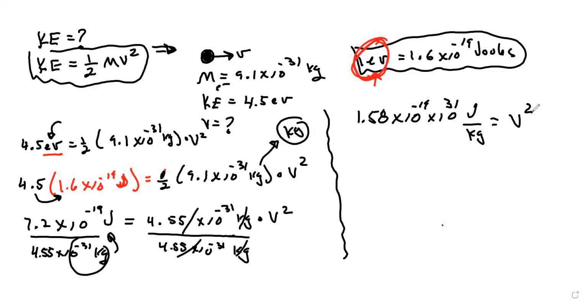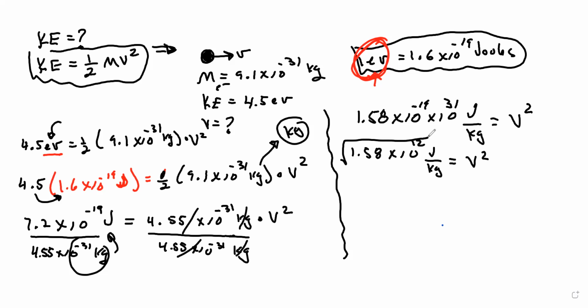So this is 1.58 times 10 to the minus 19 plus 31, which is going to throw you a positive 12 up here. And you got joules over kilogram, which is equal to velocity squared. And then you got to get rid of the square.